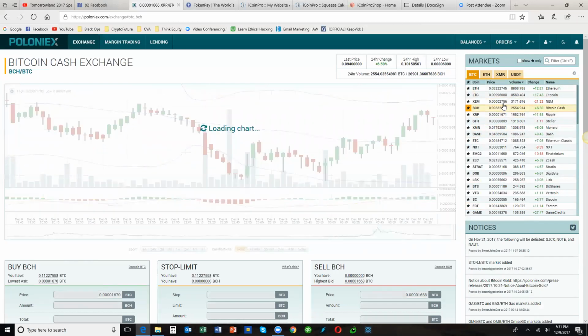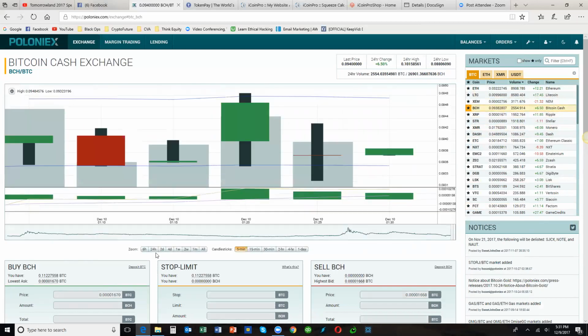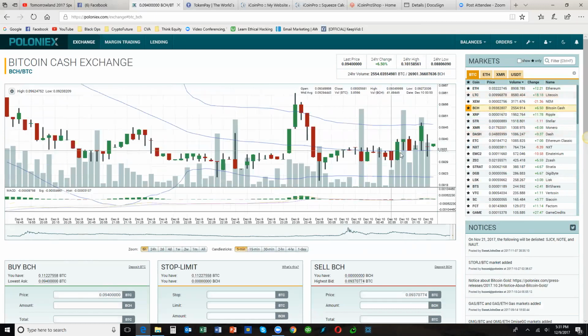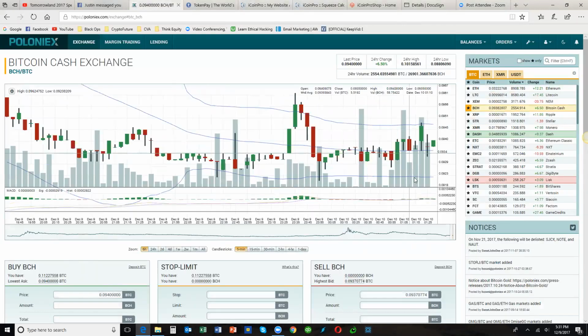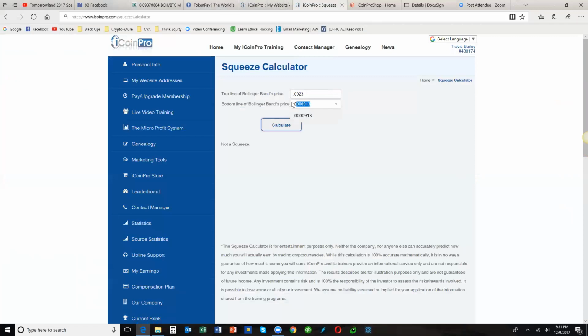So BCH. That could be a squeeze coming up. So let's plug in the squeeze calculator here. I don't think it is, but let's check it out. So 0.923, and then the bottom band was 0.0923.